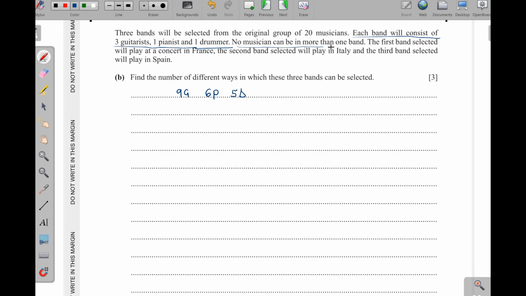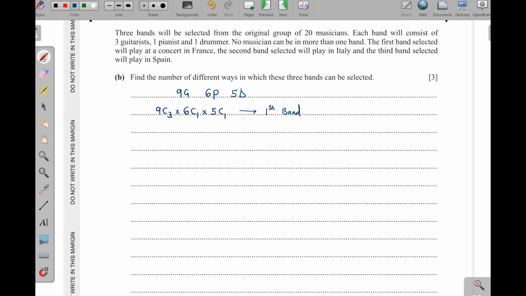No musician can be in more than 1 band. So, 3 guitarists, that means we can have 9 combination 3. Then out of the 6 pianists, we need only 1. And then out of the 5 drummers, we need only 1. Okay? Now, this one here will be our first band selected.